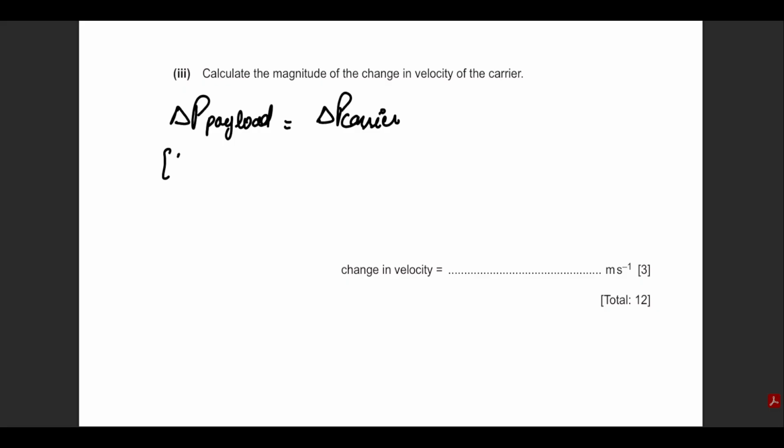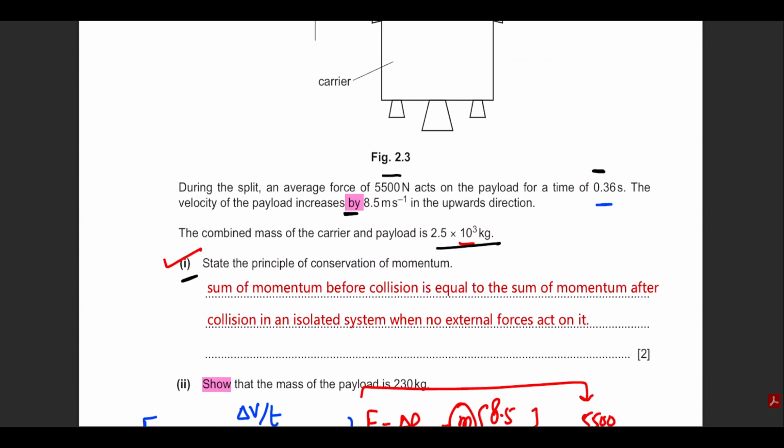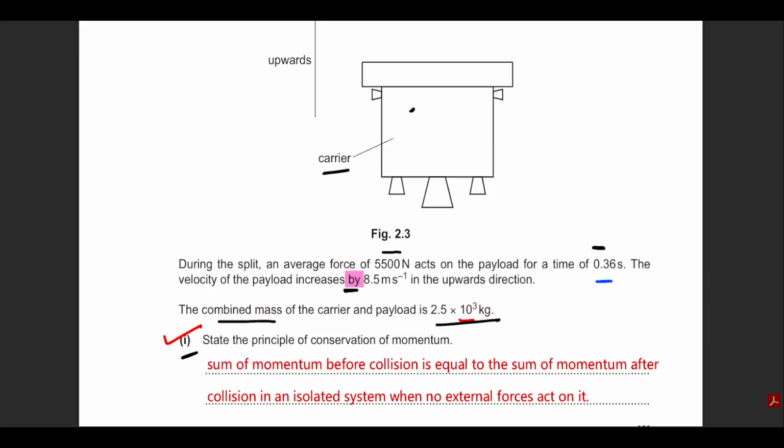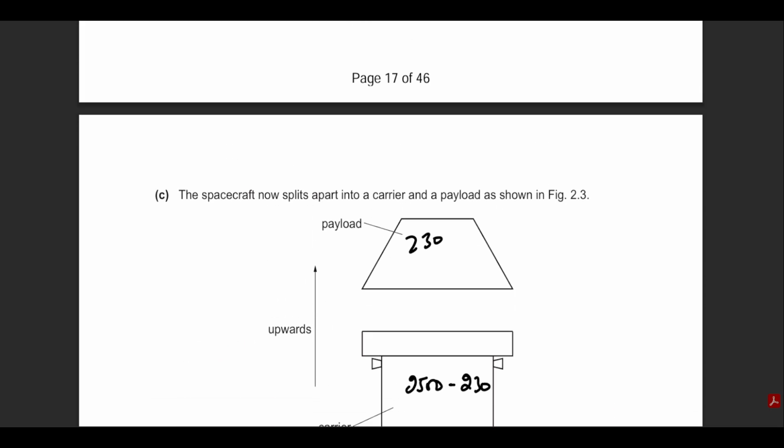For the payload, its mass was 230 and the change in velocity was 8.5. For the carrier, the total mass is 2.5 times 10 to the power 3, the combined mass. So if you just want the mass of the carrier, that will be 2500 minus 230 kg, because 230 kg belongs to the payload.